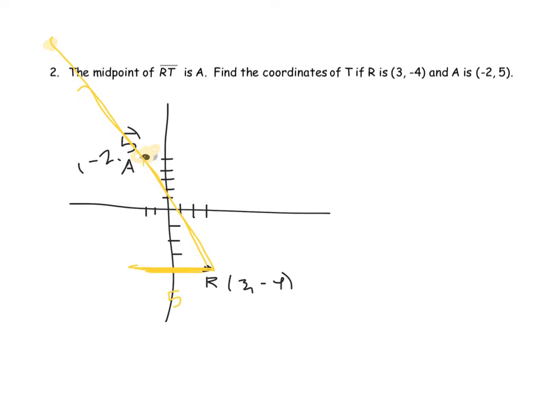The y value distance between A and R is 9, from -4 to 5. But if that's halfway, then I can really just double those values to get all the way. So I can think of going back another 5 units and up another 9 units. So that's one option. I can go back 5 units from -2 to give me an x value of -7.